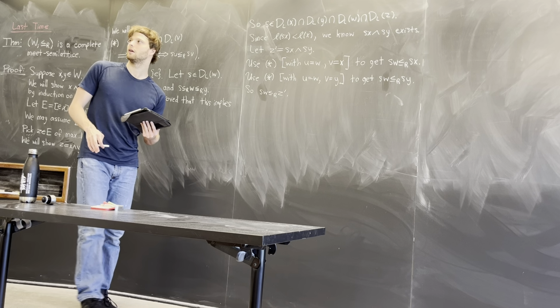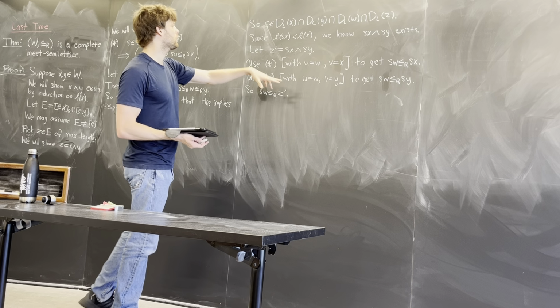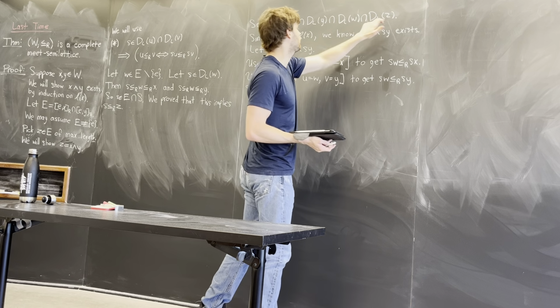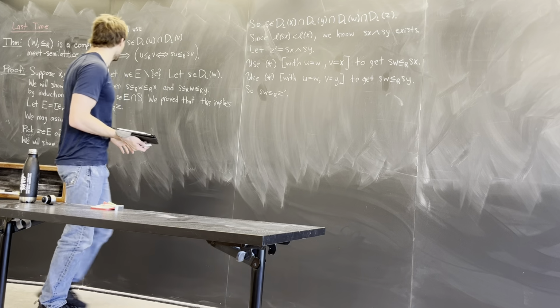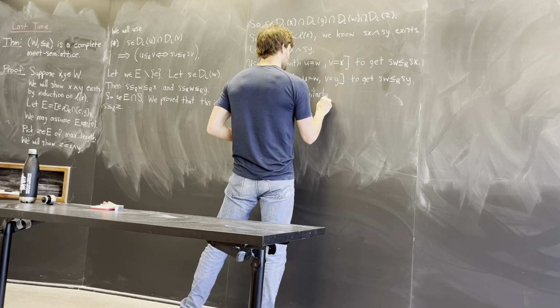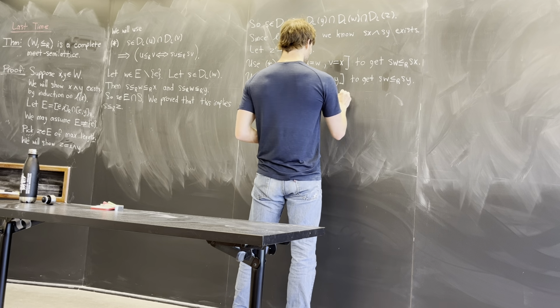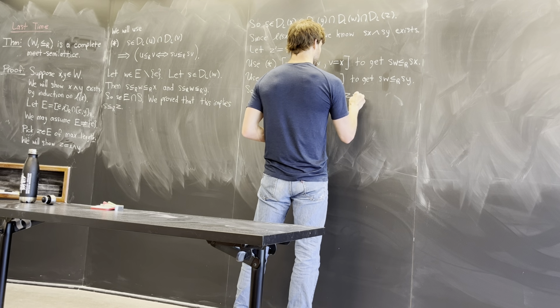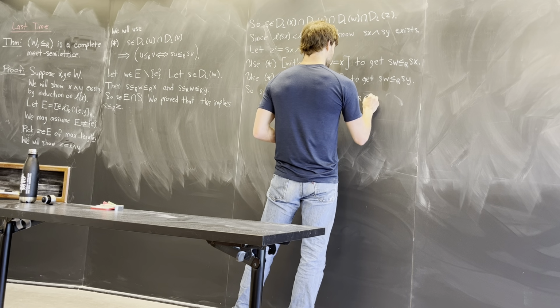So I could go through the same argument, but with W replaced by Z. It still works because S is still a left descent of Z, and Z is also a lower bound for X and Y. So if you go through the same argument, but instead of having U equals W here, I would have U equals Z. You can do the same thing to show that, so similarly, SZ is less than or equal to Z prime.